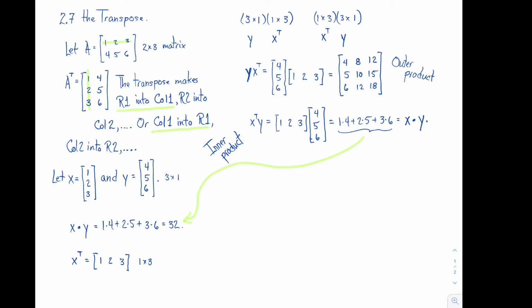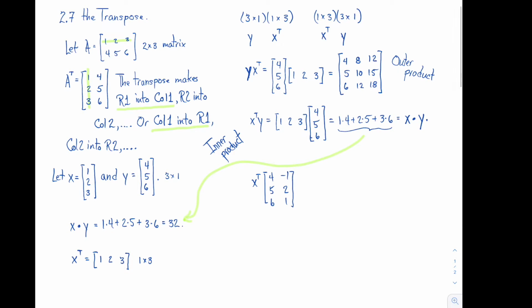Let's take a look at, now what if I had another vector? What if x transposed was being multiplied by something even more? Like, so we still had y, so 4, 5, 6, but then maybe there's another vector. Maybe it was minus 1, 2, 1. Well, notice what this would be.